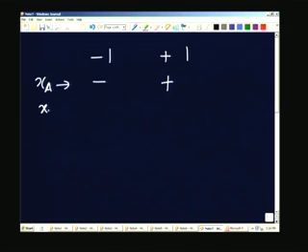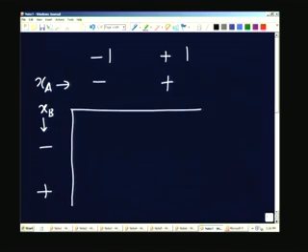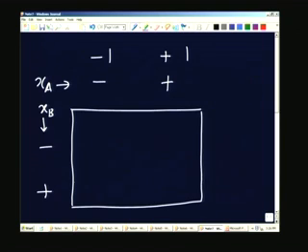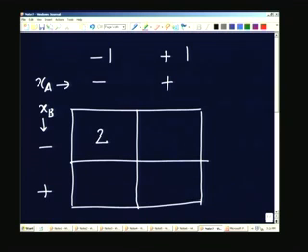I am going to write x b here, minus and plus, and the surface finish obtained is given in the form of a table with 4 entries, and the values I have obtained are 2, 8.2, 1.5 and 3.5 in this.